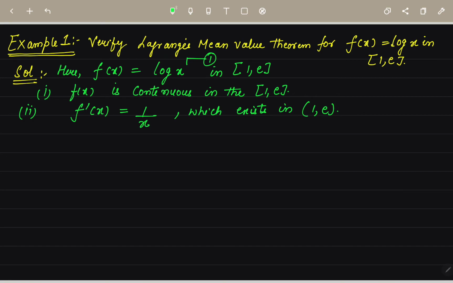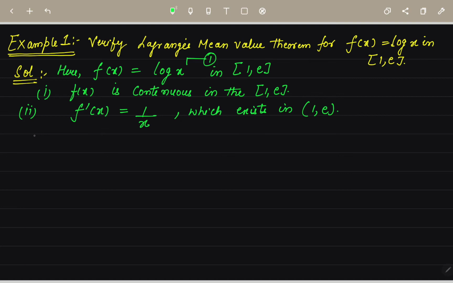Now as per Lagrange's mean value theorem, there exists a real number c in the open interval 1 and e such that f of b minus f of a divided by b minus a is equal to f dash c.